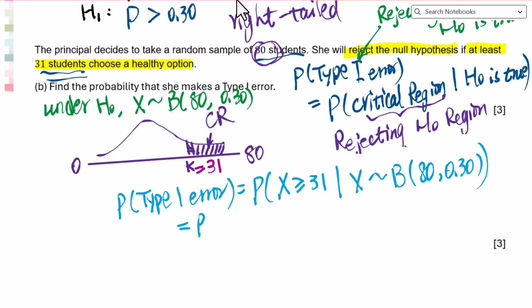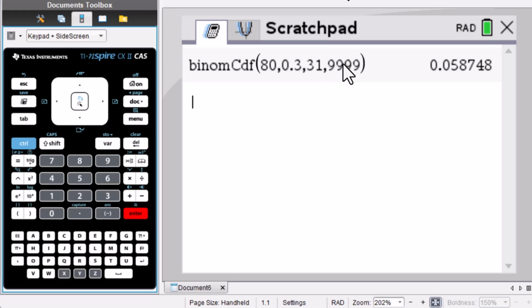We will go to binomCDF, 80, 0.30. From 31, you can use 9999 or 80. I use 9999 as the upper bound.